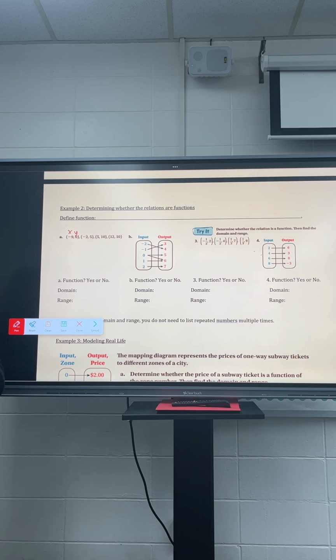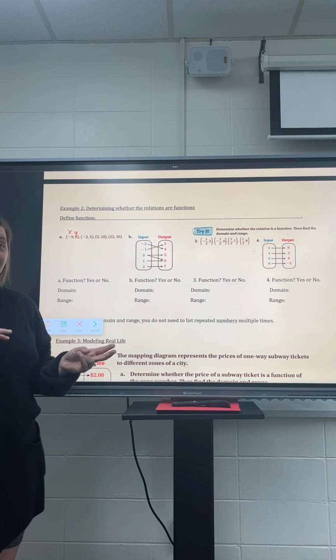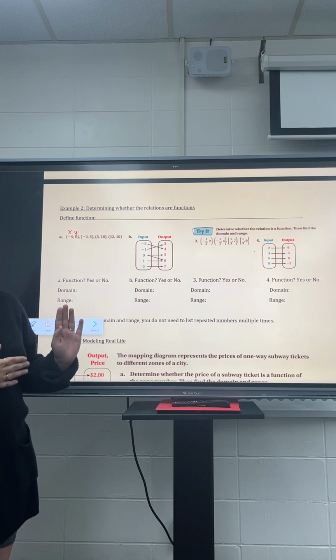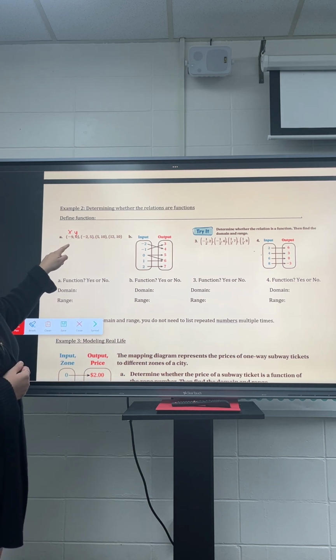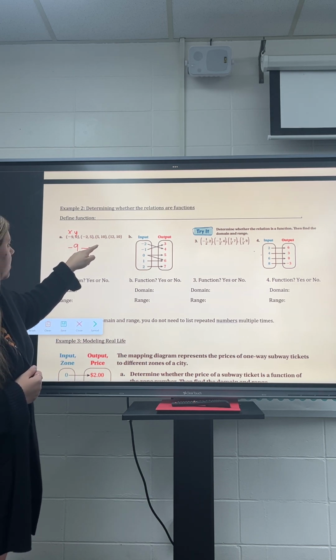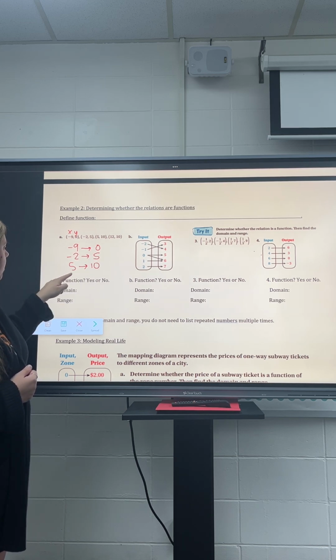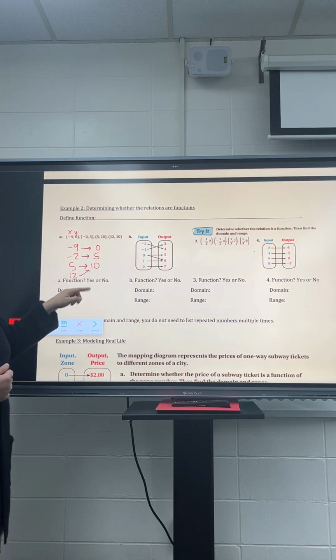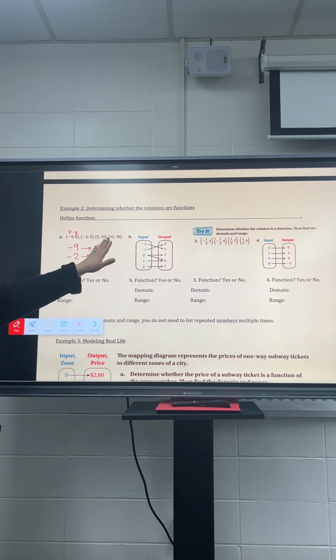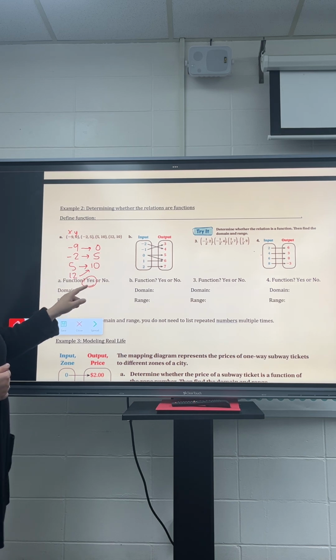We joked that you don't want to date your x again, so we don't want to see that same x value. Here we've got -9 paired with 0, -2 paired with 5, 5 paired with 10, and 12 paired with 10. This is okay because it's one input to one output, 1 to 1, 1 to 1, 1 to 1. So yes, this is a function.